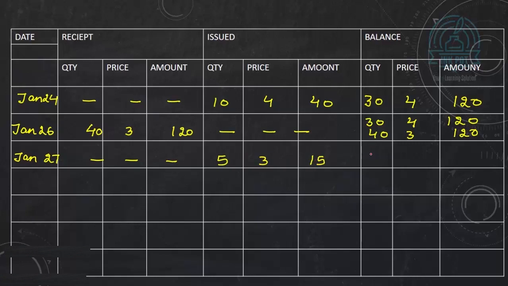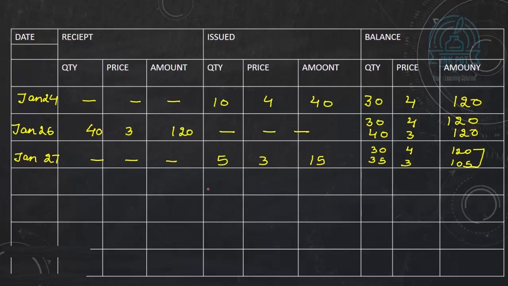Now we are left with 30 units at the rate of 4 and 35 units at the rate of 3. So value is 120 and 105. Now this is the total value of closing stock.